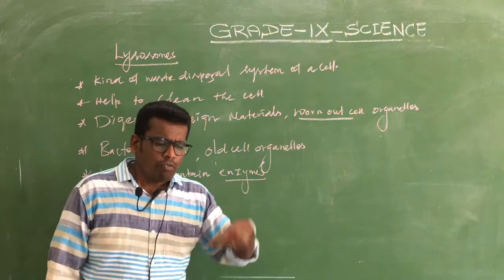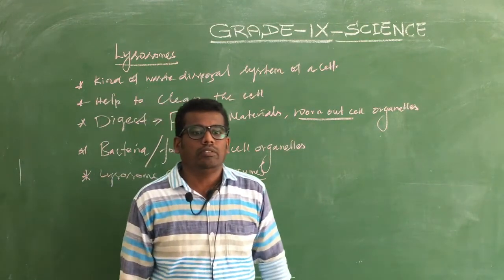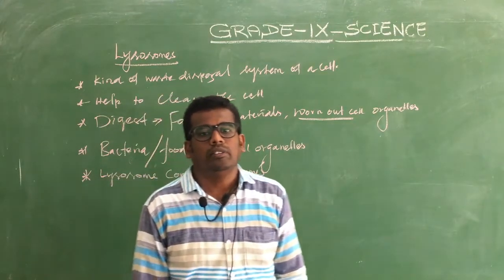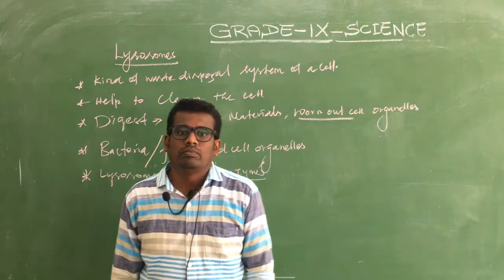Totally 40 types of enzymes are there in the lysosome.